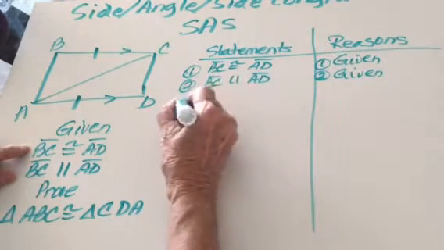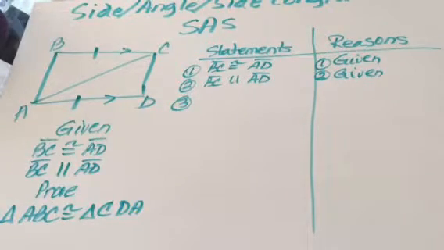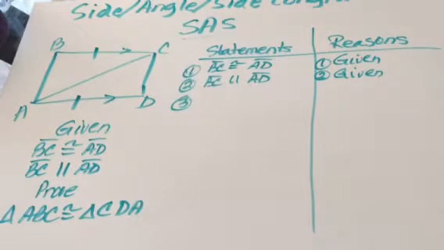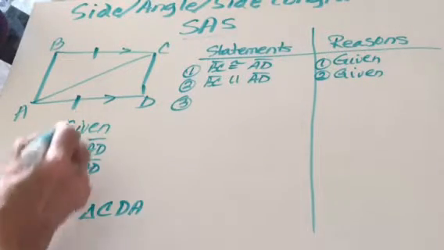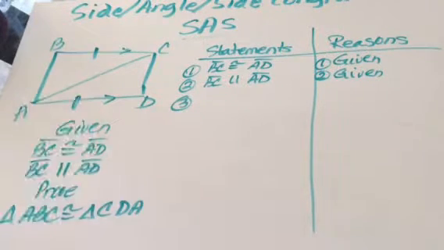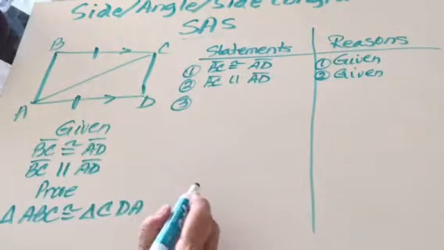All right, now, we're trying to prove that these two triangles are the same. Well, remember, we're talking about side angle side, right? We have to figure out 2 more sides that are the same, and we have to figure out an angle that's the same.